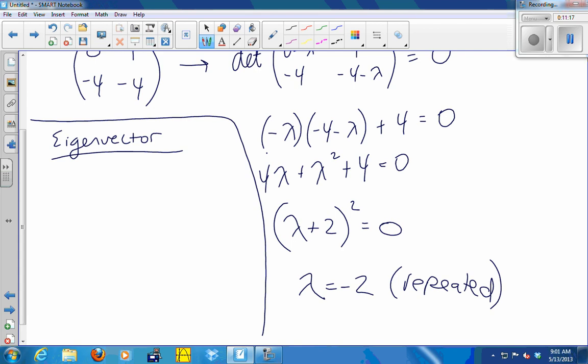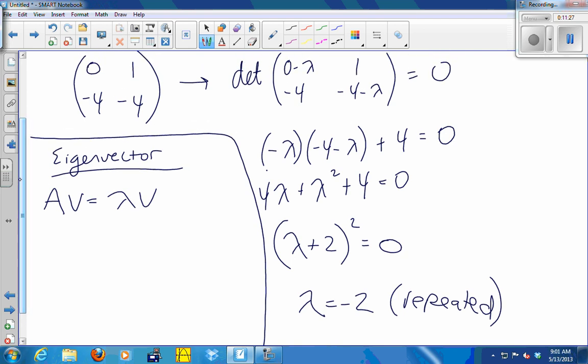So in general, to find eigenvectors, you have to solve AV equals lambda V. And you do that for each lambda, which we only have one of in this case. A is my coefficient matrix: 0, 1, -4, -4 times x, y equals lambda, which is -2, times x, y.